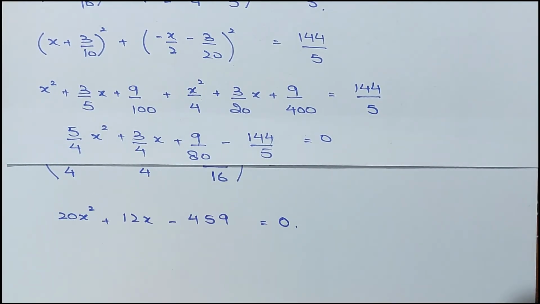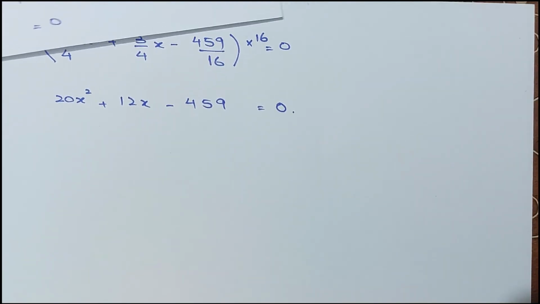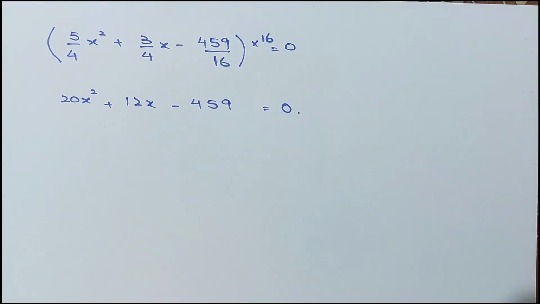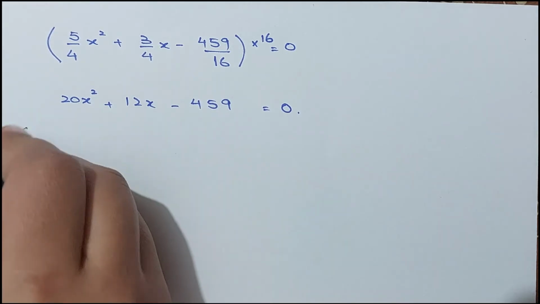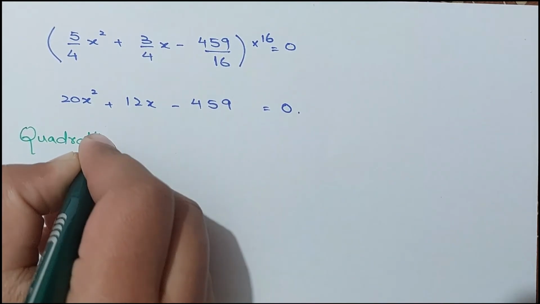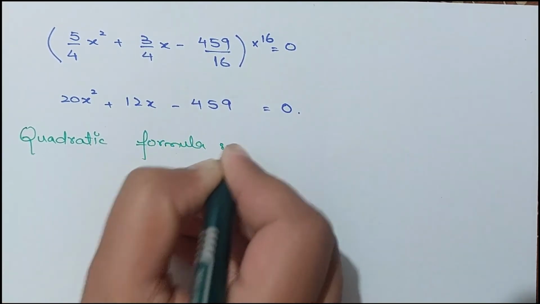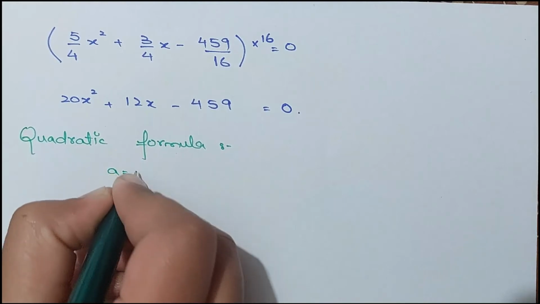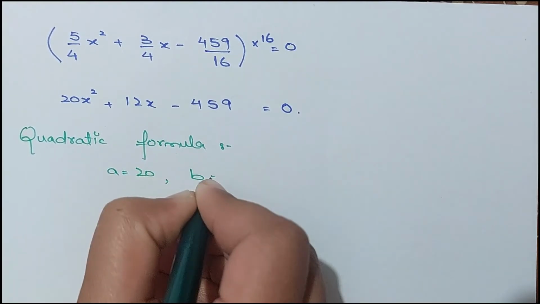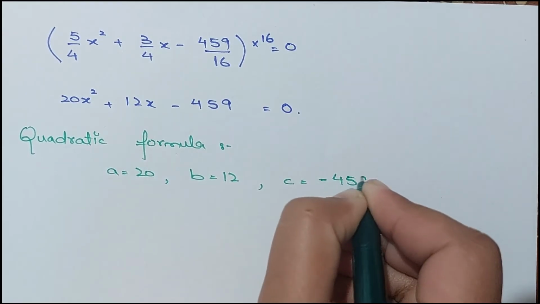All right, further simplification, this is a quadratic equation. So let me solve this by the quadratic formula and find out the roots. So the a value is 20, the b value is 12, and the c value is minus 459.